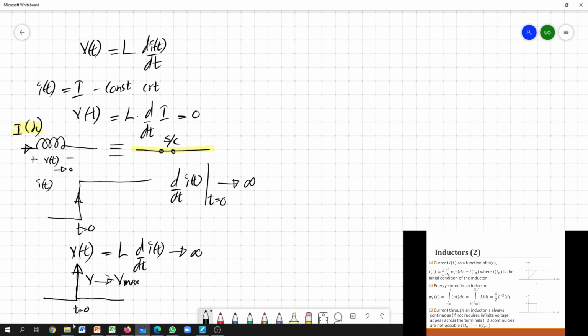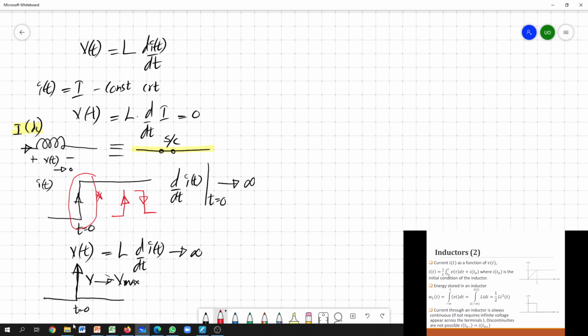So for these inductors we assume that they cannot handle this kind of abrupt change, sudden rises or sudden drops or falls.